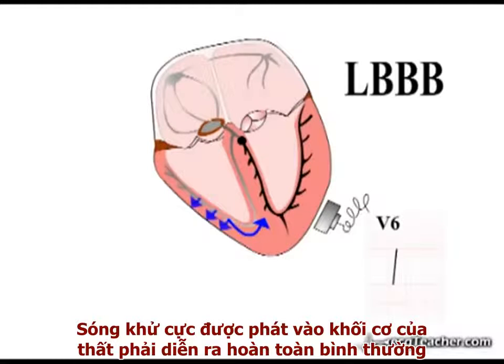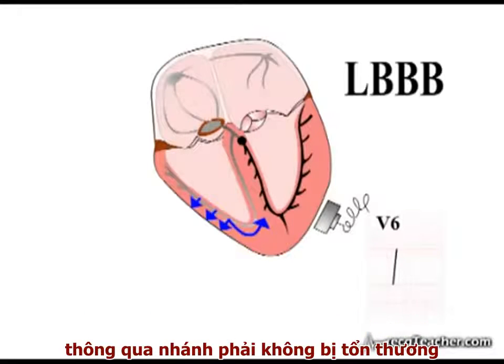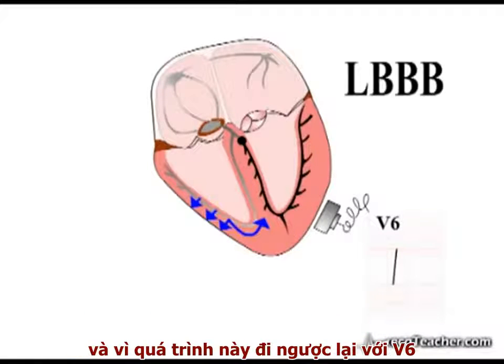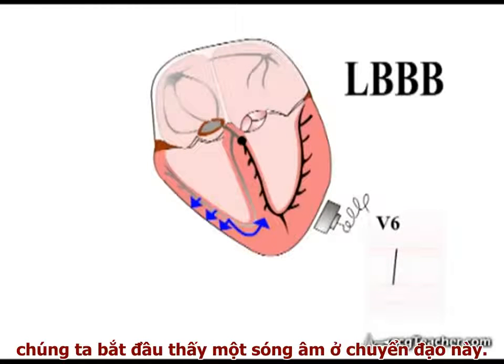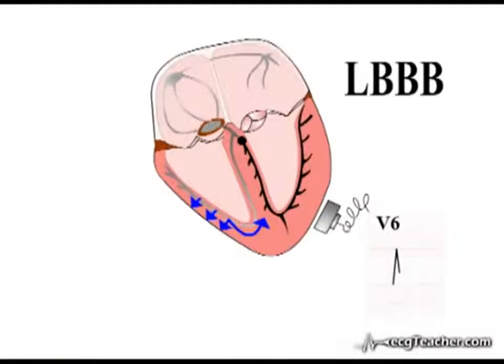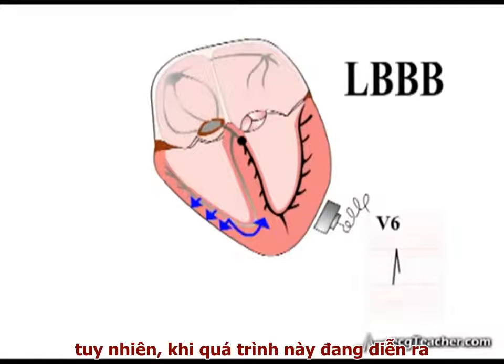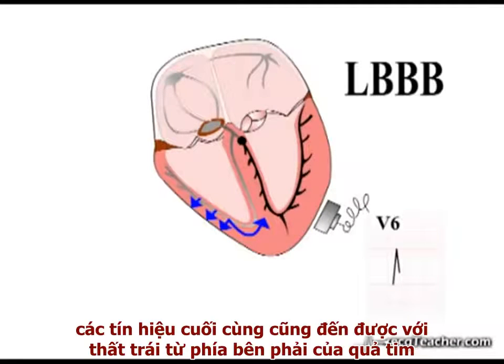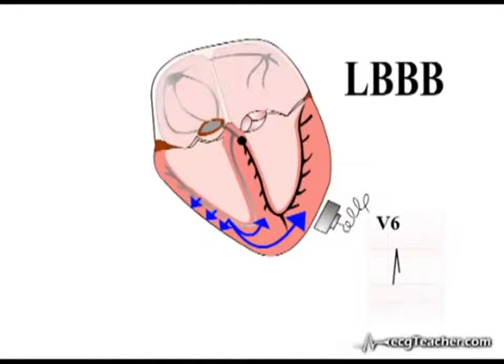Depolarization is discharged into the right ventricular muscle mass in a timely fashion through the intact right bundle, and as this signal is moving away from V6, we start to see a negative deflection develop in this lead. However, as this process is taking place, the signal finally reaches the left ventricle from the right side of the heart.